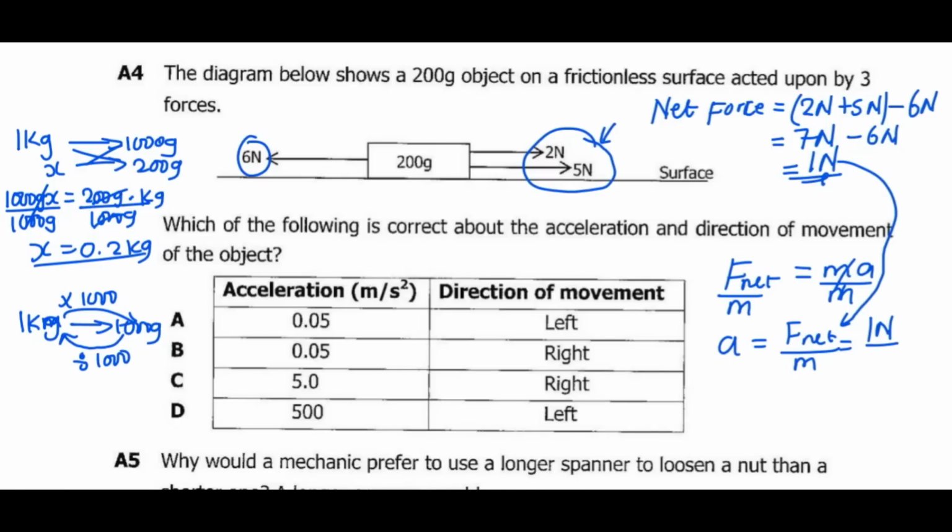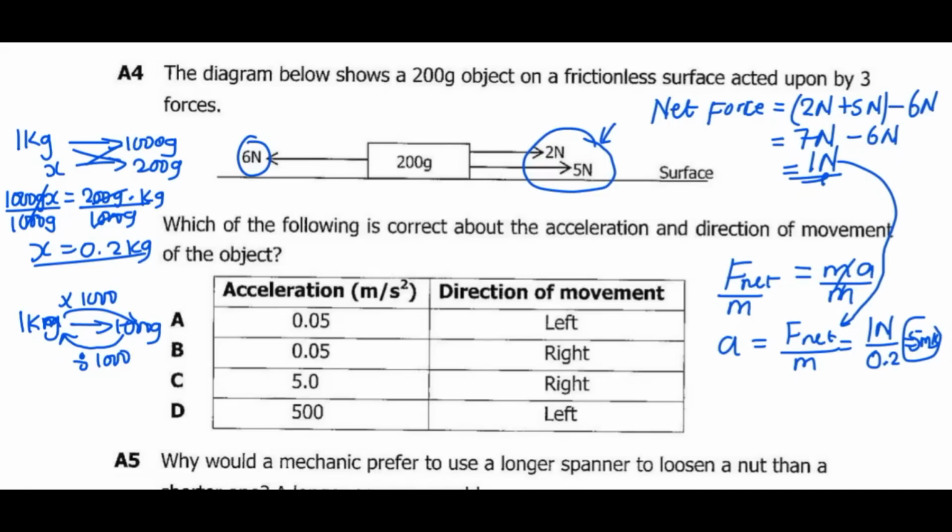So that's what we've done. Now, after we have our mass the way we want, we'll divide by 0.2. So 1 divided by 0.2 will give us 5. So 5 is our answer for acceleration. So the acceleration is 5 meters per second squared.